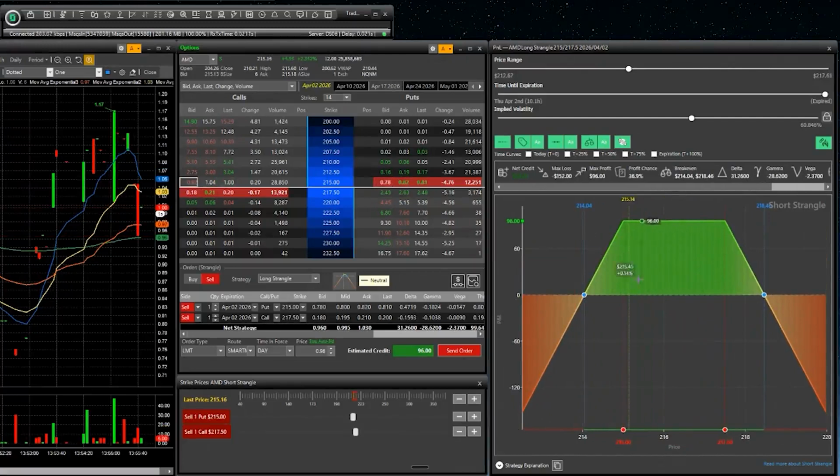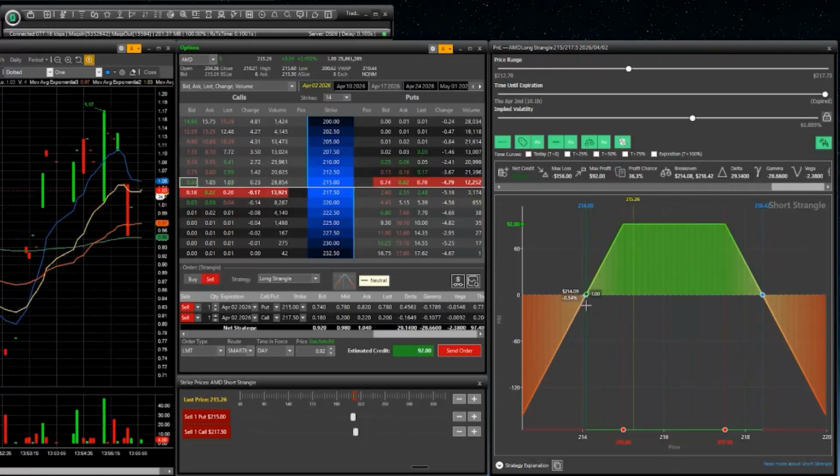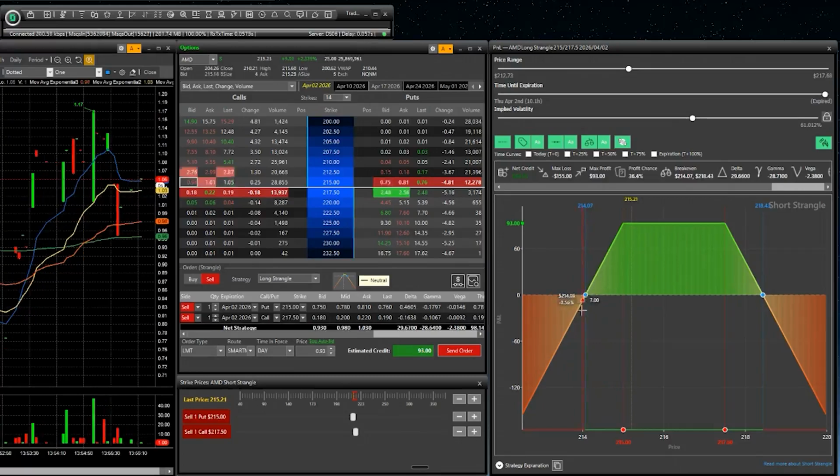Now, in this case, what we're looking for the price of the underlying to do is stay within the range of our break even. Okay. So our break even in this case is 214 in terms of the underlying price, the lower band, and the upper band is 218. Now, if the price of AMD, the underlying, goes below the 214 break even, the lower band, we're now in loss, right?